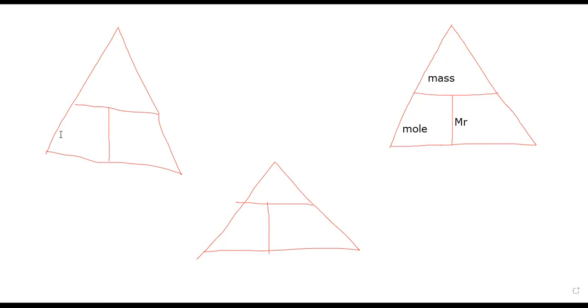Triangle number 2, if you need to find moles, equals volume divided by 24. Number 3, if you need to find number of moles, you have to multiply concentration by volume. Okay? So without these triangles, you cannot solve any question in stoichiometry.